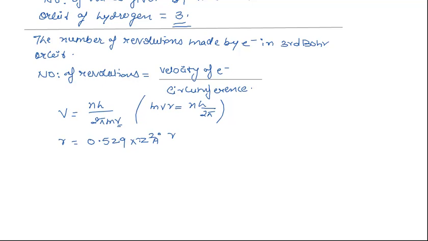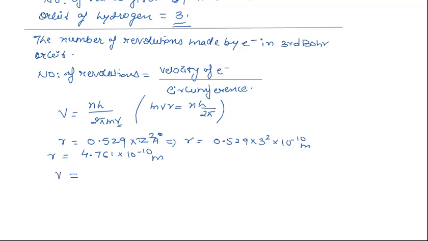So students, the radius will be equal to 0.529 multiplied by 3 square multiplied by 10 to the power minus 10 meters. Let's calculate this. 0.529 multiplied by 9 is 4.761 into 10 to the power minus 10 meters. Right? This is the radius.